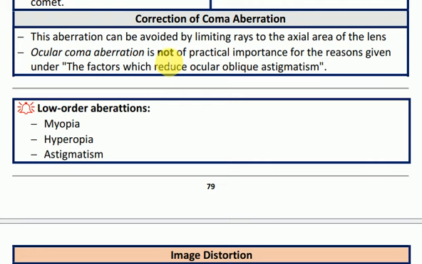Ocular coma aberration is not of practical importance for the reason given under oblique astigmatism. The factors which reduce ocular oblique astigmatism: low order aberrations, myopia, hyperopia, astigmatism.